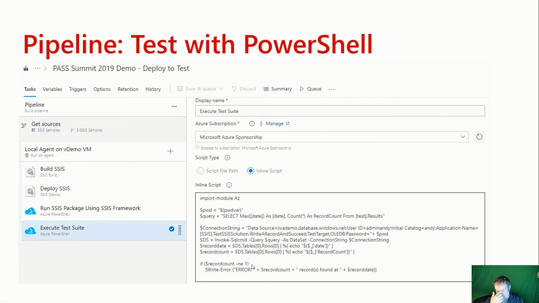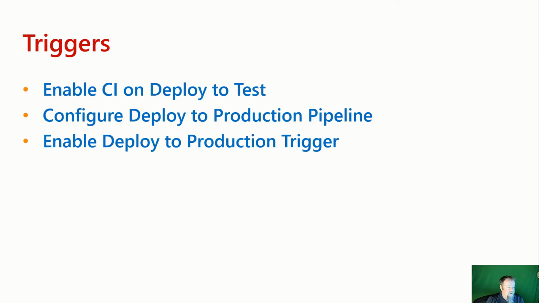That's success. If it's not equal, then I'm going to raise an error and throw that out there. The last piece of this puzzle is I am going to enable continuous integration on the deploy to test. That's my first step. That's where I'm going to start.